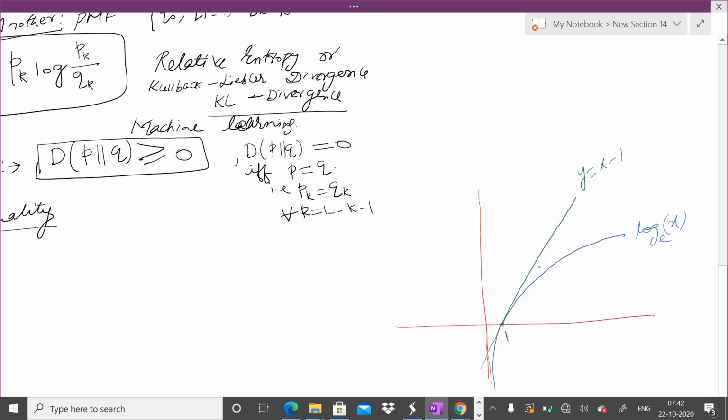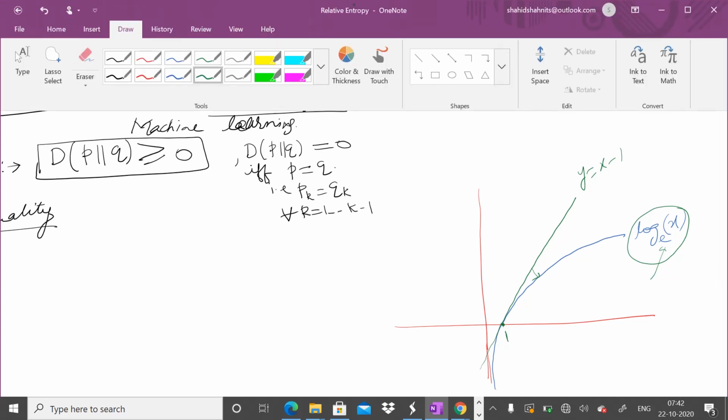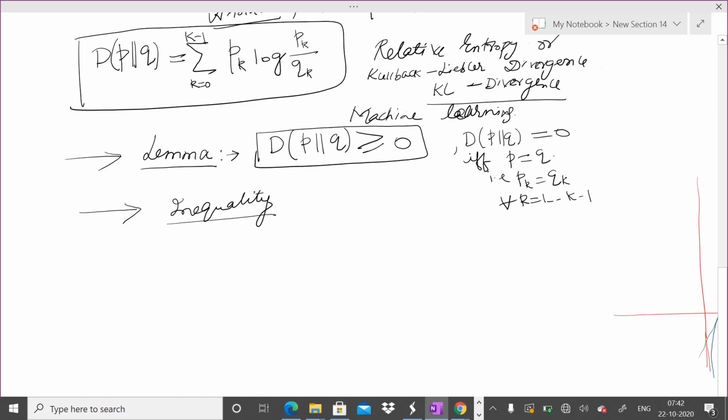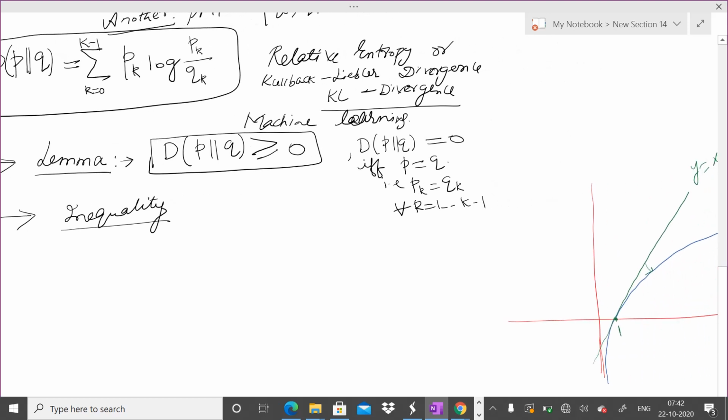So what we find is that log of x to the base e always lies below the line x minus 1, and in fact at x equal to 1 they have the same value, otherwise it lies below it. So we can easily write one inequality which will be useful for us, that is log of x to the base e is less than or equal to x minus 1.